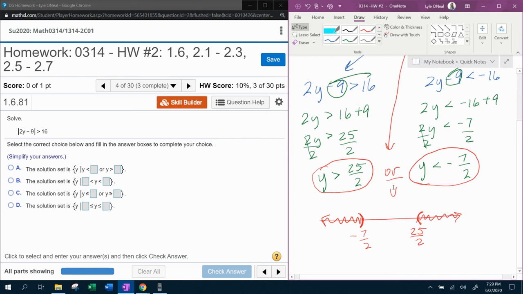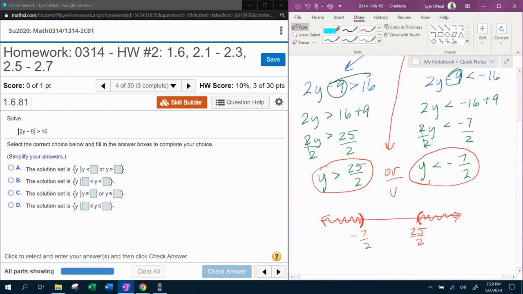So how do we get that to become one of these answers over here? Well, of course, we said it's an or statement, so that means it's either going to be A or C. Those are the only two choices with an or. And then if you look at the inequality symbols, these both have the equal to part, and these don't.